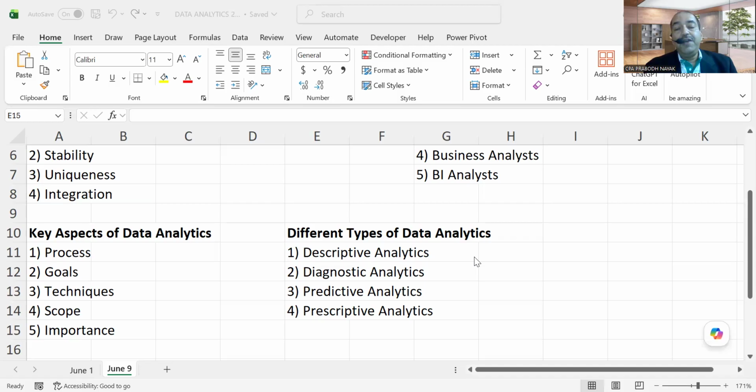And if I start doing analysis of that, it will give me different results. That what I am doing of the past and trying to bring out some insights, that is descriptive analytics. I'm describing what has happened in the past with the historical data.